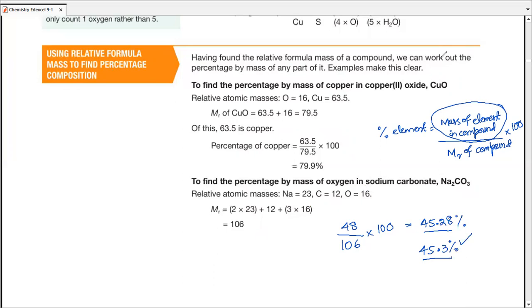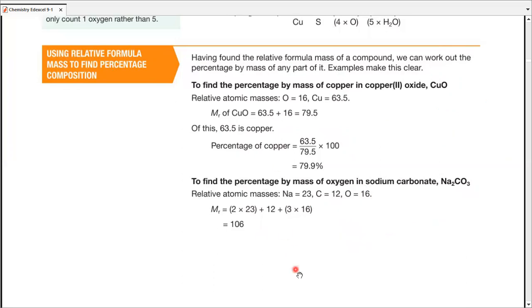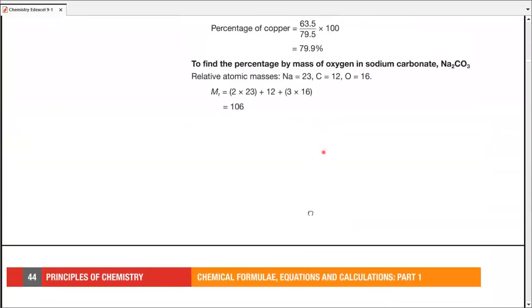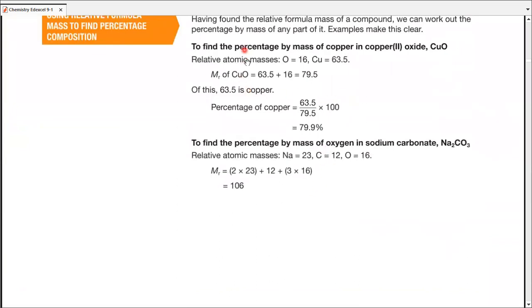Okay, let's see if we have any more examples right after this one. No, they don't have any examples, and I'd like to give some of mine. Now try to find out the percentage of oxygen in MgSO4.7H2O.